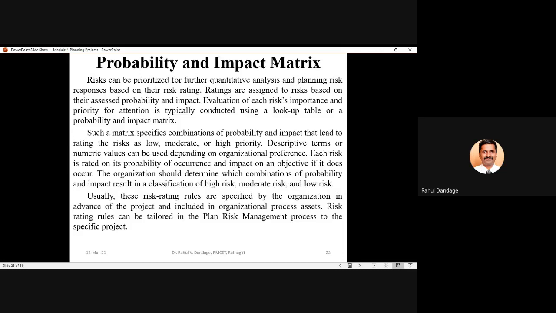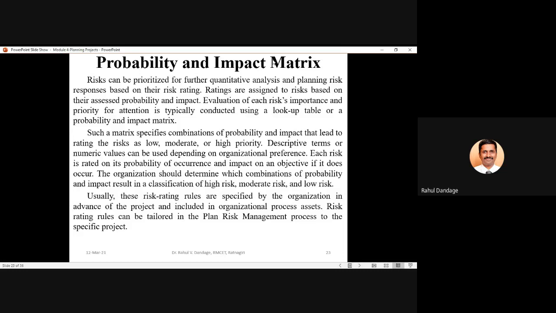Evaluation of each risk's importance and priority for attention is typically conducted using a lookup table or a probability and impact matrix. This matrix specifies combinations of probability and impact that lead to rating the risk as low, moderate or high priority.